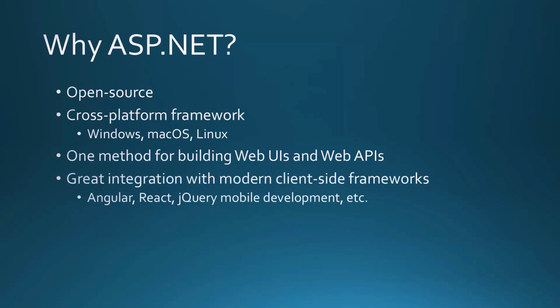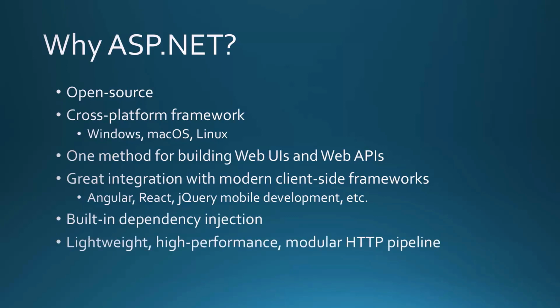It has great integration with all the modern client-side frameworks, Angular, React, jQuery, mobile development, all those things can take advantage of the web APIs that we create on ASP.NET. It has built-in dependency injection, which we'll talk about and is very important. And it's very lightweight, high performance, has a great modular HTTP pipeline that we can tie into.